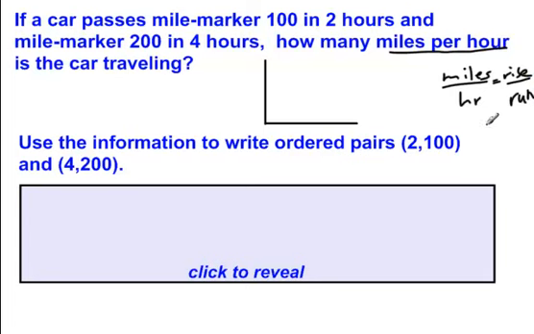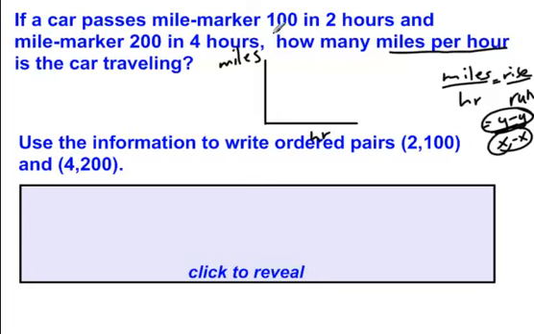So we know that that's the difference of the y's over the difference of x's according to our slope formula. So that must mean that miles is on our y-axis and hours is on our x-axis. So that helps us with our graph.